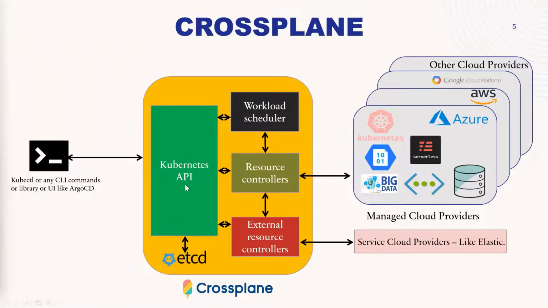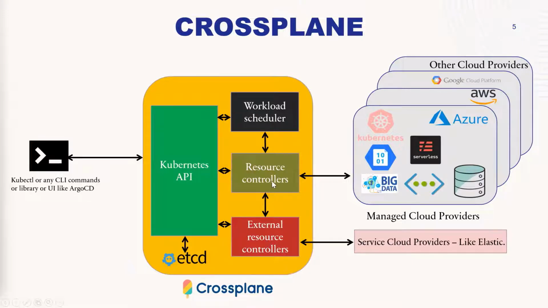Whenever you are hitting anything from kubectl, you can run any Kubernetes commands, you can use MicroK8s or anything, or you can use GitOps tools like Argo CD, or if you're using Flux, you can just keep the manifest and trigger the calls. It will reach the Kubernetes API, and then Crossplane additionally has a resource controller and also external resource controllers.